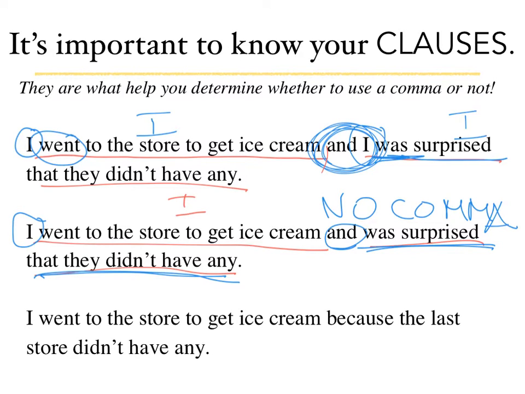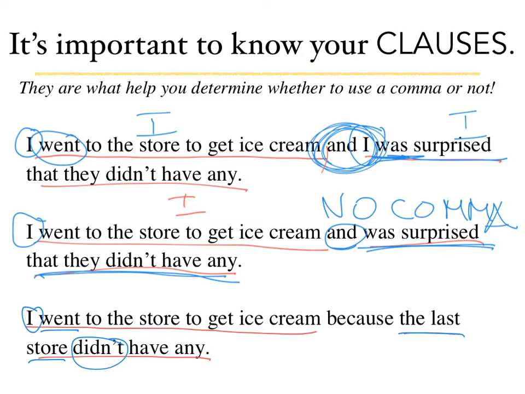Let's take a look at the last example. So here we have, I went to the store to get ice cream because the last store didn't have any. Now here, we do actually have two independent clauses. I went to the store: I went is the subject and verb. And then the next subject is the last store. Didn't is the verb.